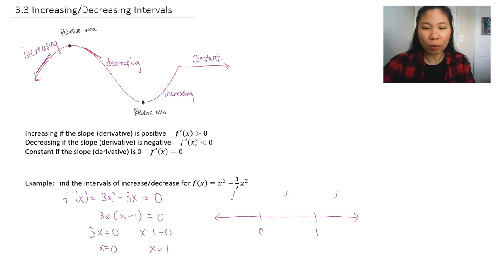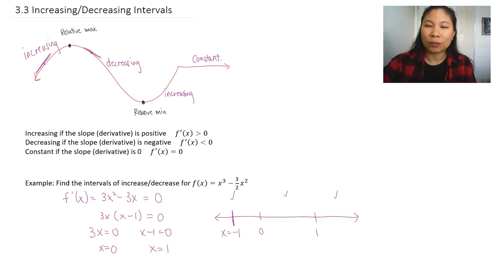So we're going to figure out points that we can plug in to the derivative. Let's pretend at x equals -1, because that's a number smaller than 0 here. The slope at x equals -1 would be found by plugging -1 into my derivative.